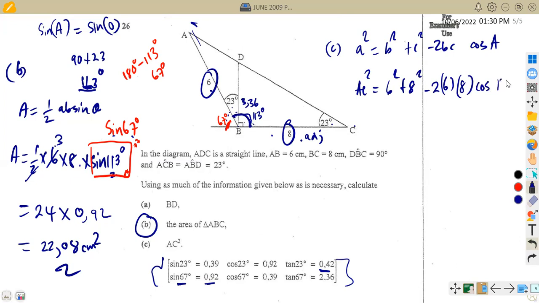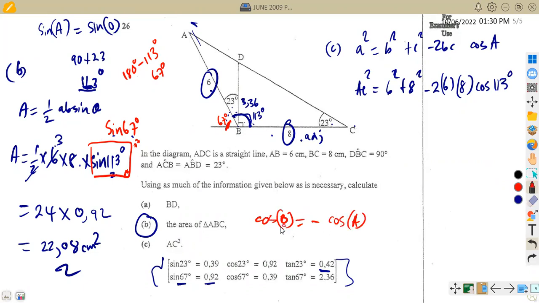But now you must take note for 113 when it is a cos like this. I remember I told you that cos, if it is an obtuse angle, it must give you a negative. Cos of the obtuse angle is equal to minus cos of the acute angle.